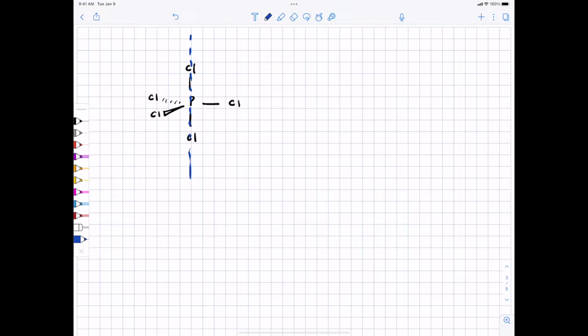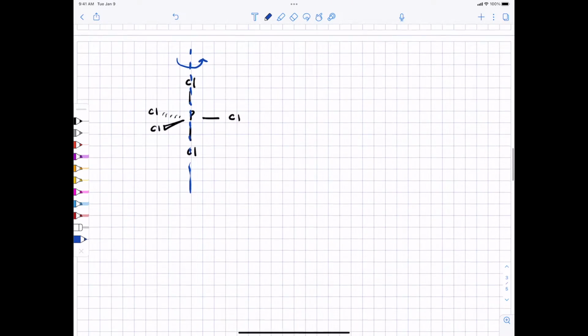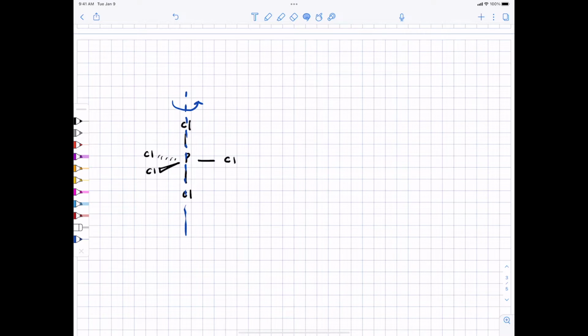It contains the two axial chloro groups, and you start with a C3 axis here, that's rotation by 120 degrees, and then the mirror plane through which you reflect contains all of those equatorial phosphorus Cl bonds. So is that different from just a normal C3 rotation?